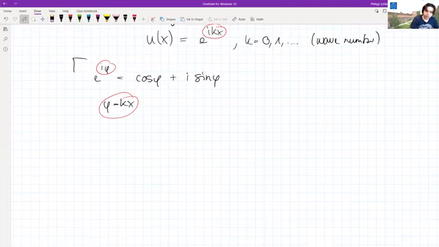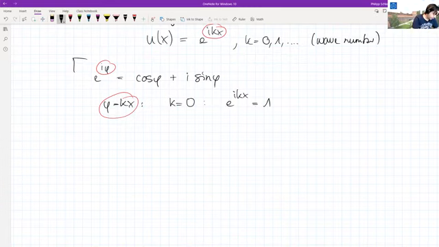Now I can just draw for you how individual Fourier modes actually would look like. So if I start with k being 0, that of course means that e to the i k x would simply be unity everywhere because it's e to the 0.